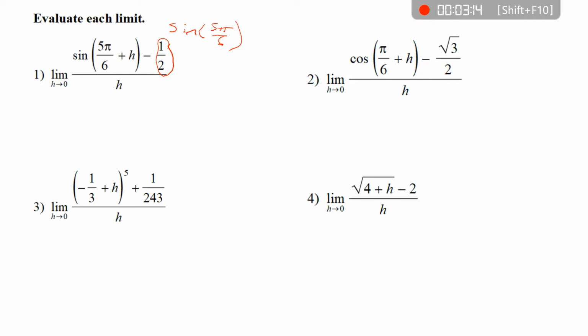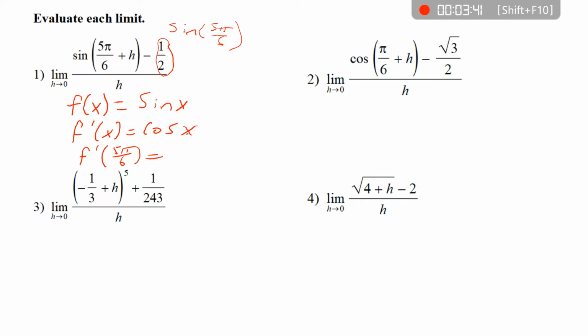Okay, so what that means is my function of x is sine x, so my derivative then would be cosine x, and my derivative at 5 pi over 6 would be the cosine at 5 pi over 6, which is what?